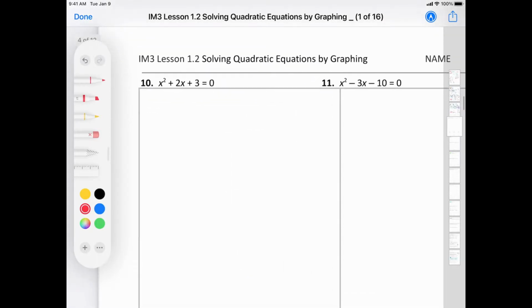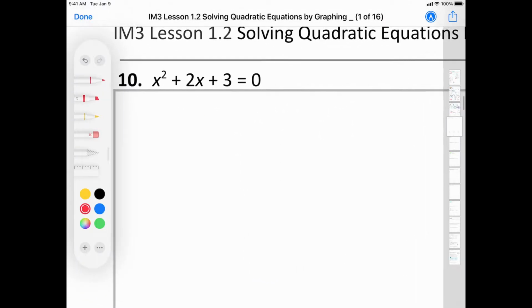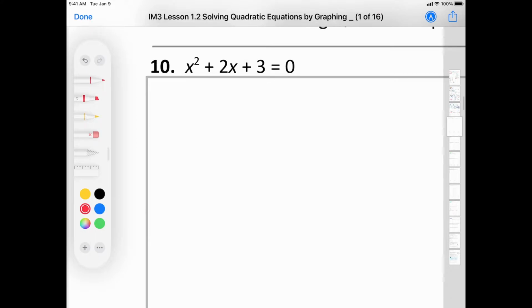Let's go on to question number 10. We're going to graph this. Find our A, B, and C. Find the vertex.